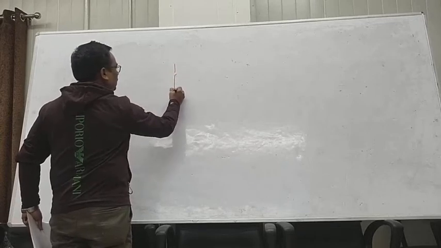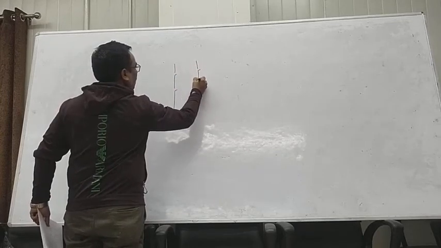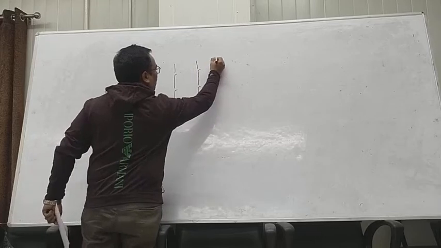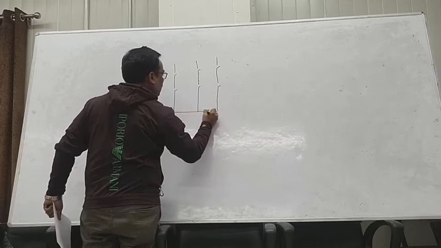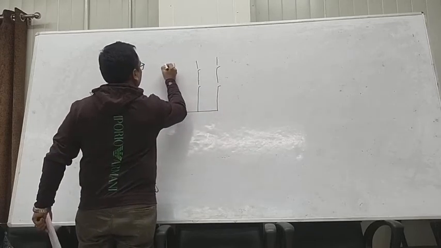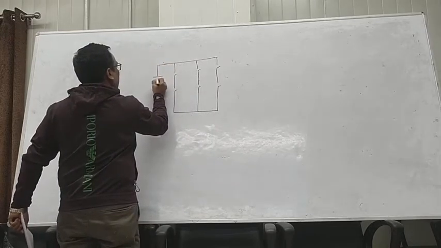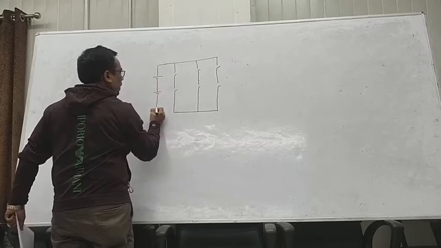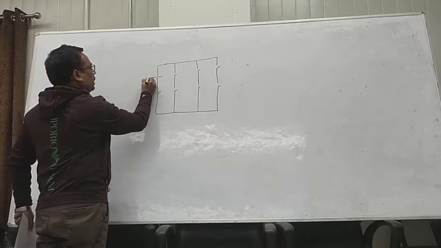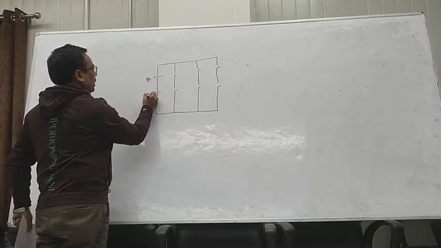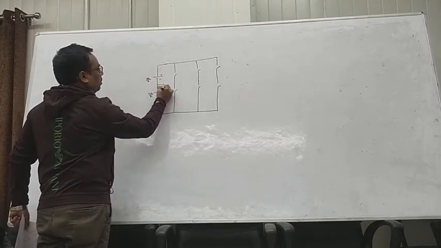This is leg A, leg B, and leg C. These are the three legs, and the voltage VDC is divided into two parts, plus VDC by 2 and minus VDC by 2, with a neutral point, this is 0.